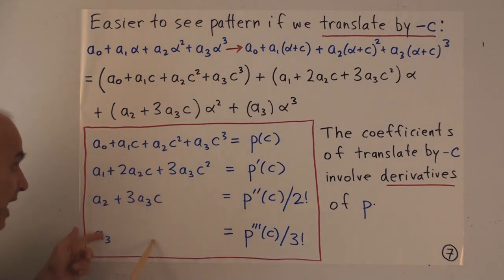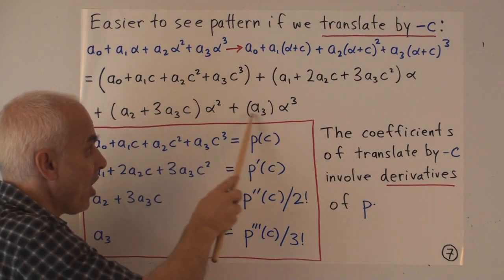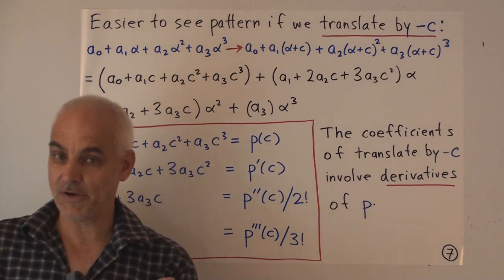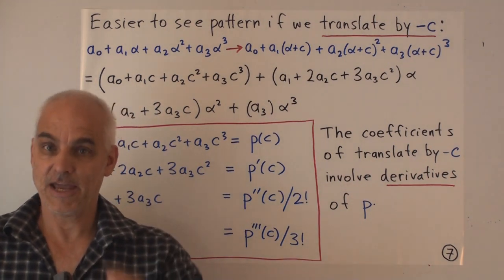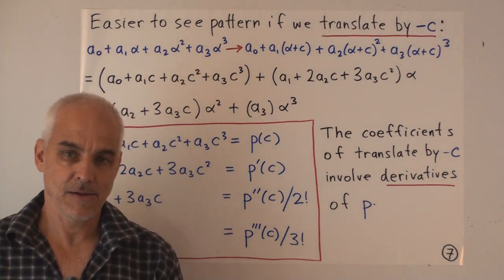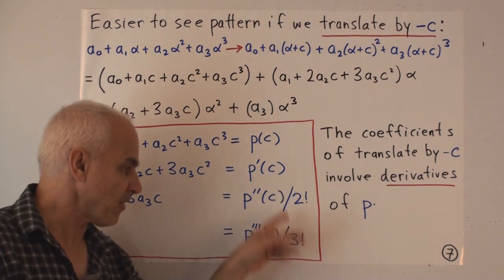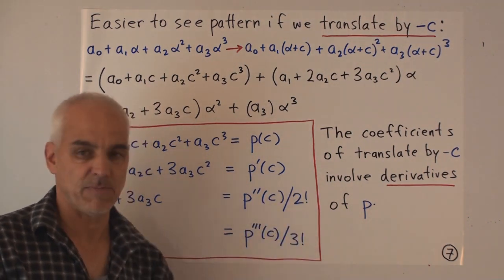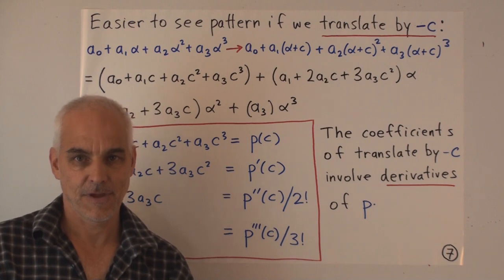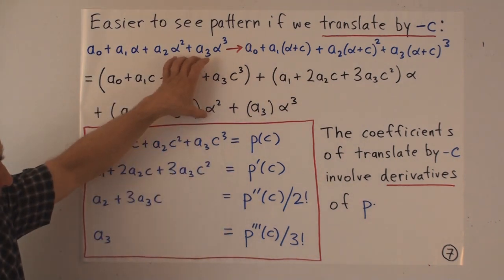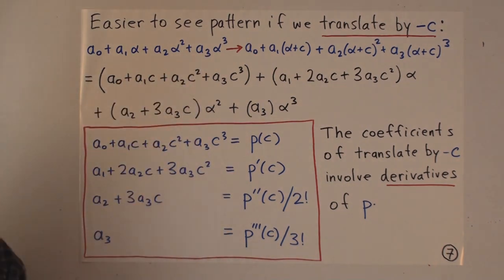So what we are getting here, these coefficients are just the various derivatives of the polynomial evaluated at C with a certain additional factor here, and I'm going to explain that in a second. So make sure you've done this calculation and that you agree that these are in fact the polynomials that we get.